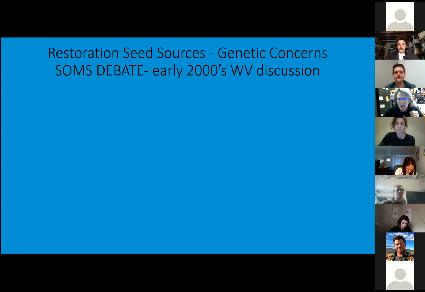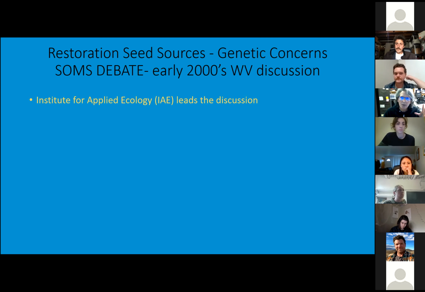That didn't pass muster with a lot of people, so they put together a big meeting among all the geneticists, restoration biologists and growers in the valley. It was led by the Institute for Applied Ecology. If you're not familiar with them, which I think most of you are, they have led the charge in so much of the work done in the Willamette Valley as far as rare plant introduction and studies of our prairie plants and a lot of the Oregon species.